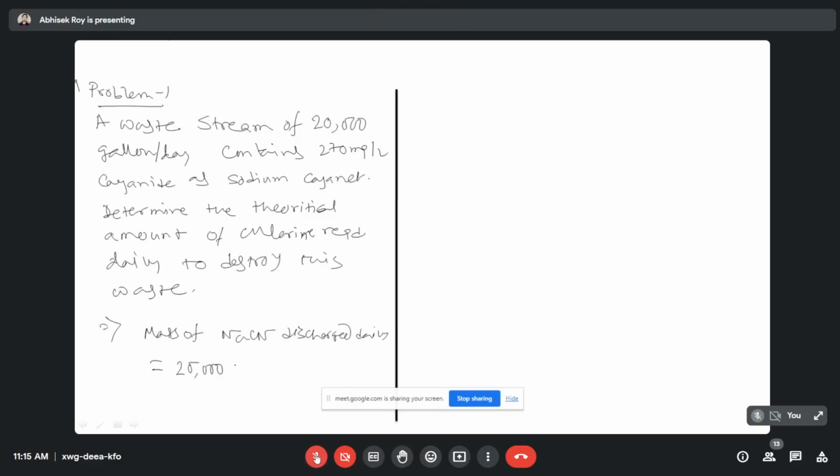Now 20,000 is your gallon. Now you want to convert this gallon to liter. So that will be 3.7854 nearly, that much liter per gallon. So this much is the liter. Now if you want to convert this liter to meter cube, then it will be multiplied by 10 to the power minus 3. So that much meter cube per day is the flow. Now what is your concentration? 270 milligram per liter.